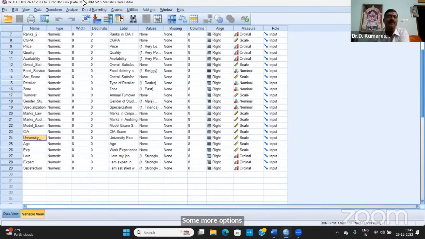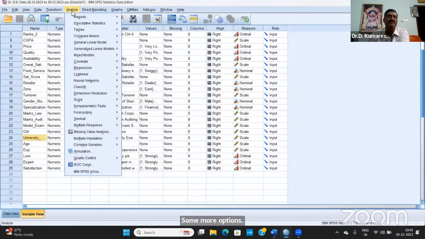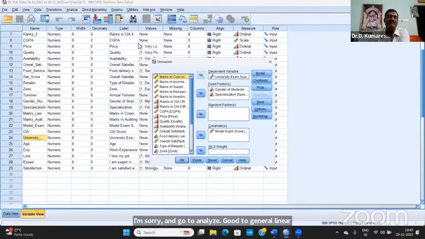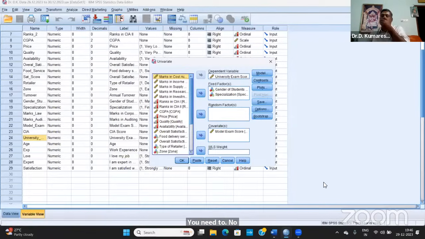Once again, go to analyze, go to general linear model, univariate. Now this window contains the boxes in which we have entered. Some more buttons are on the right hand side.